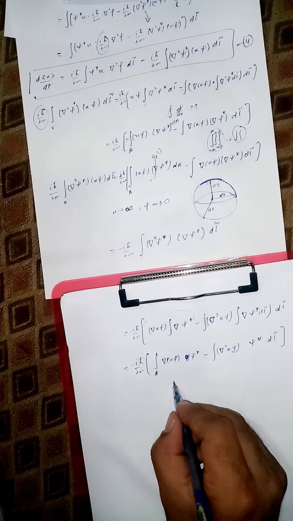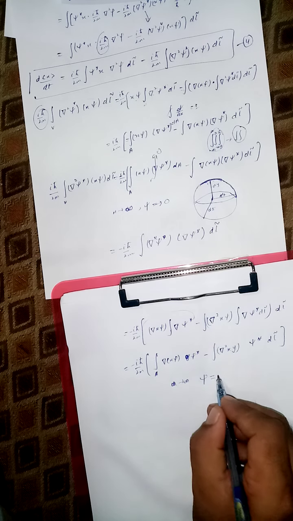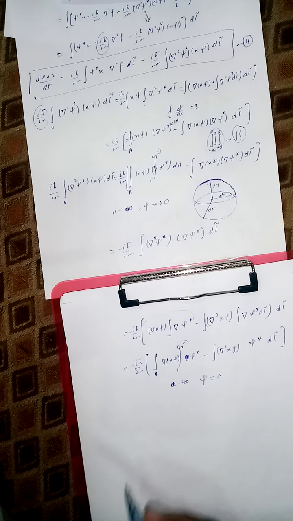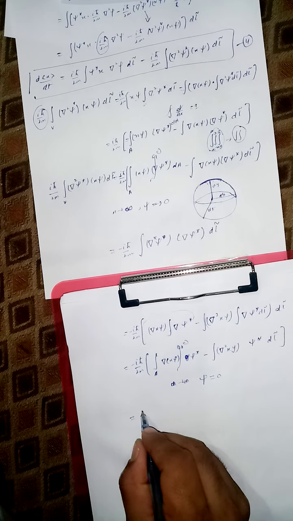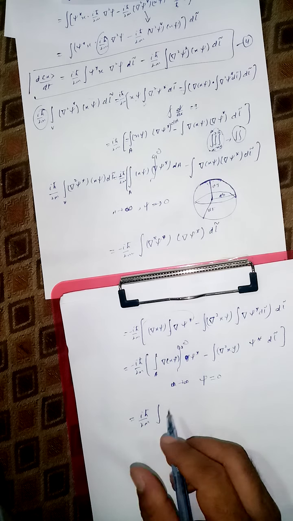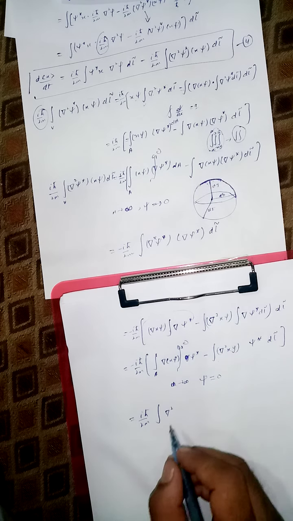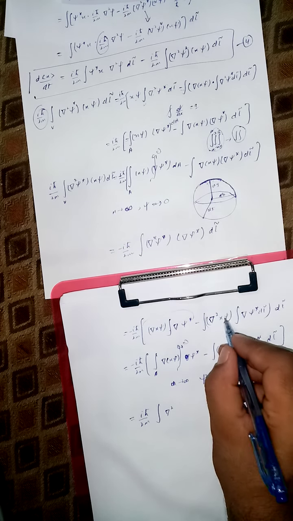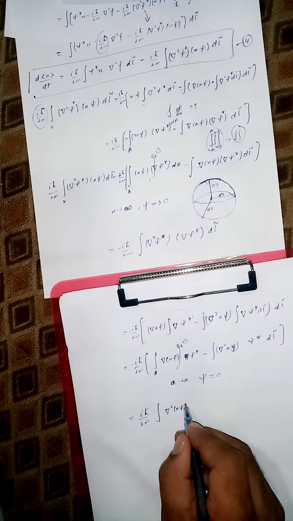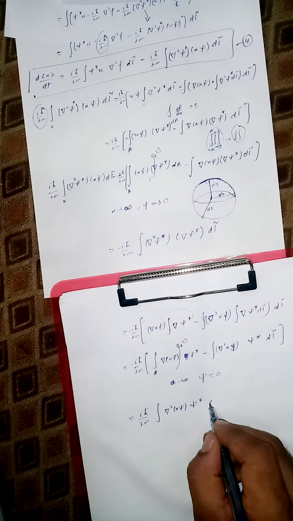Again, if x goes to infinity, then the wave function becomes 0 on the surface. So this term will become 0 again, and we have iota h bar over 2m, and the integral is del square on x psi, and we have psi star, and we have d tau.